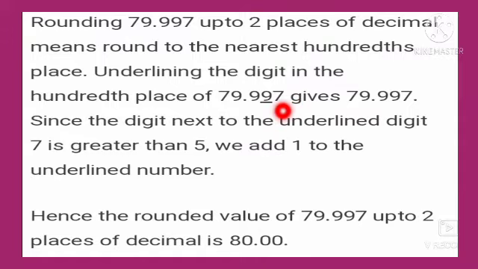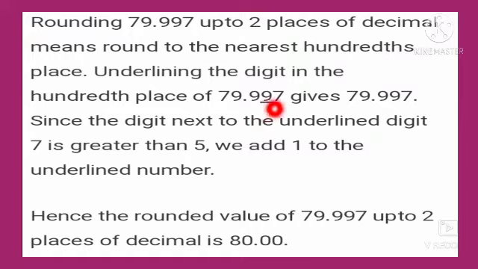Here, the right digit after the underlined digit is 7. In the third step, we see whether it is less than 5, equal to 5 or greater than 5. Here it is 7, which is greater than 5. If it is greater than 5, we have to add 1 to the underlined digit.